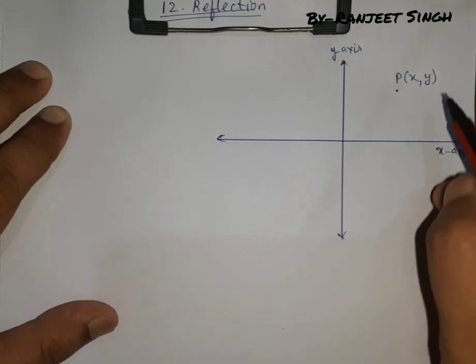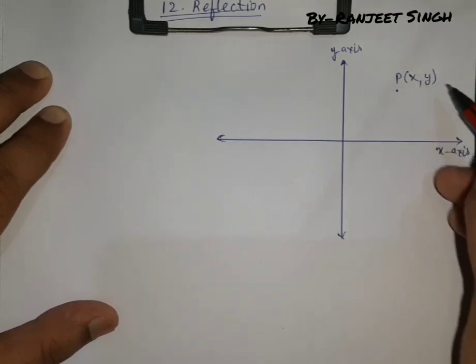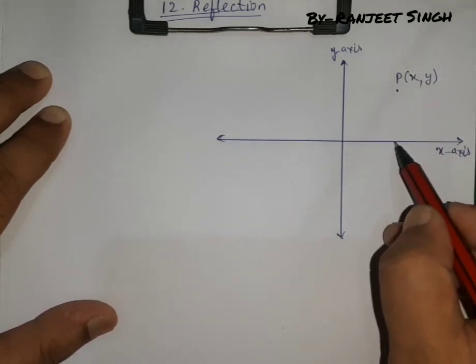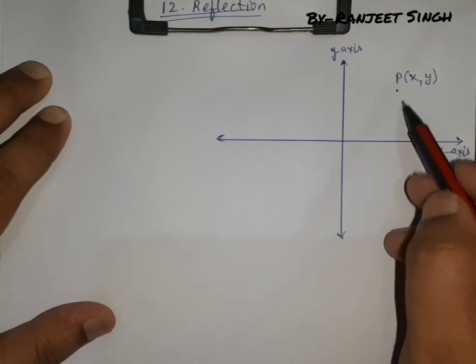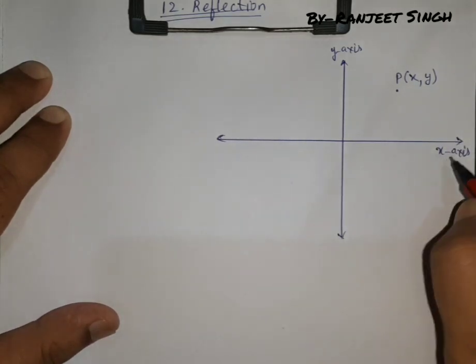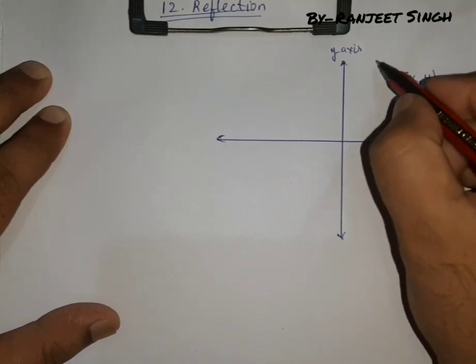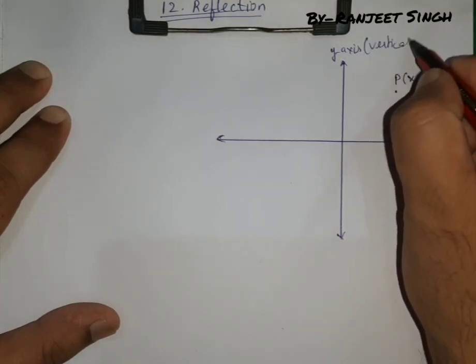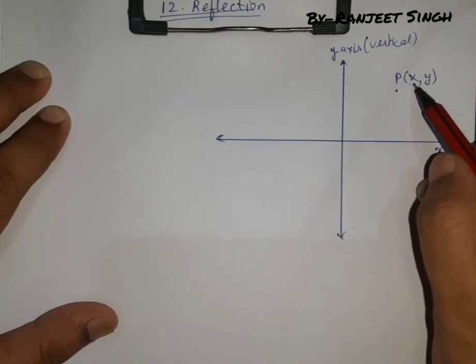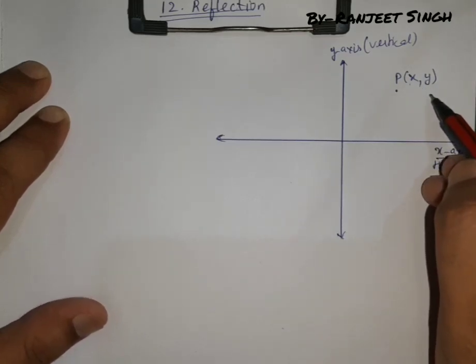Ordered pair means first we will talk about x and then we will talk about y. This horizontal line is called the x-axis and this vertical line is called the y-axis, and the point is represented by P(x, y).